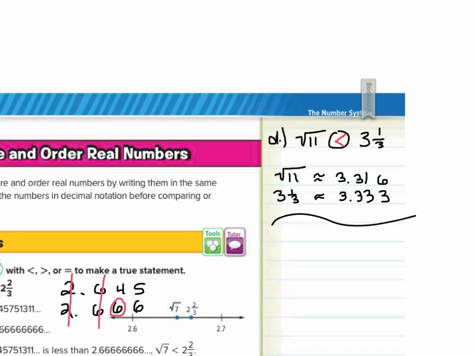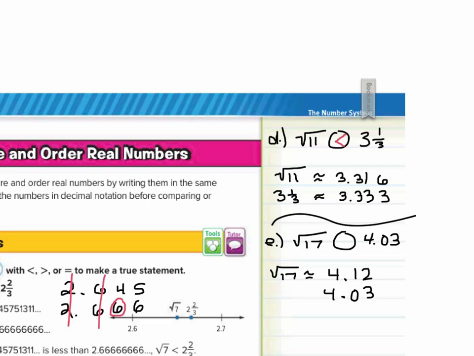What about E? The square root of 17 compared to 4 and 3/100. The square root of 17 is about equal to 4.12, and 4.03 is, well, 4.03.